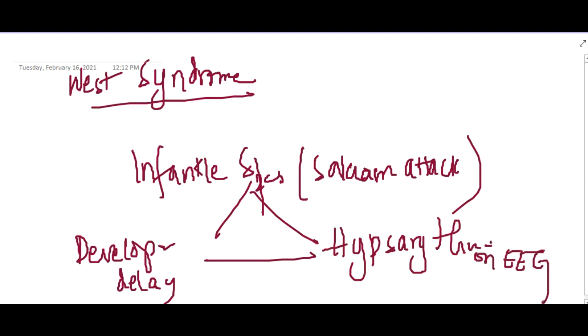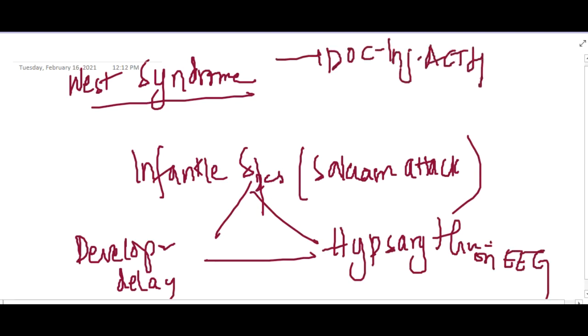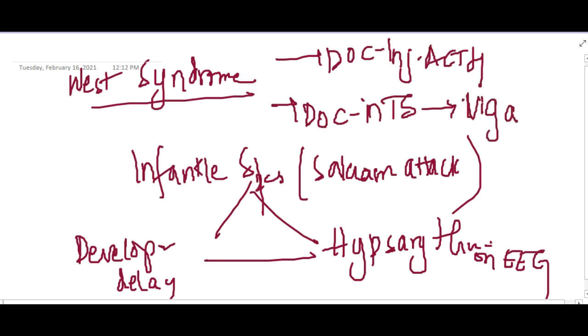So this is West syndrome. The drug of choice for West syndrome is injection adrenocorticotropic hormone, ACTH, but if it is associated with tuberous sclerosis, then the drug of choice is vigabatrin.